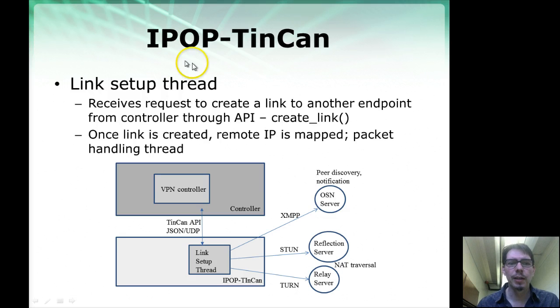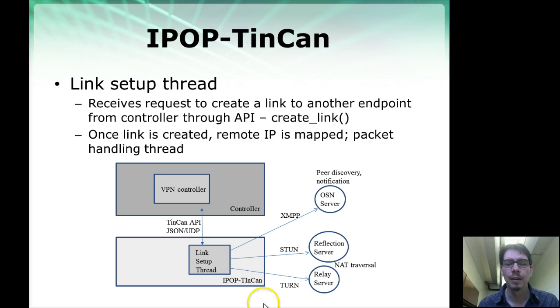For example, the controller may handle an event by determining, oh, this is an IP address of a node that I know of, but we just don't have a link created with that node. So what the controller will do in that case is use the API to call tincan to set up a new link. Now, setting up a new link involves a few interactions. The first will be to discover what is the destination of this link on the other side of the network, and to message that destination that, hey, I want to create a new tincan link with you.